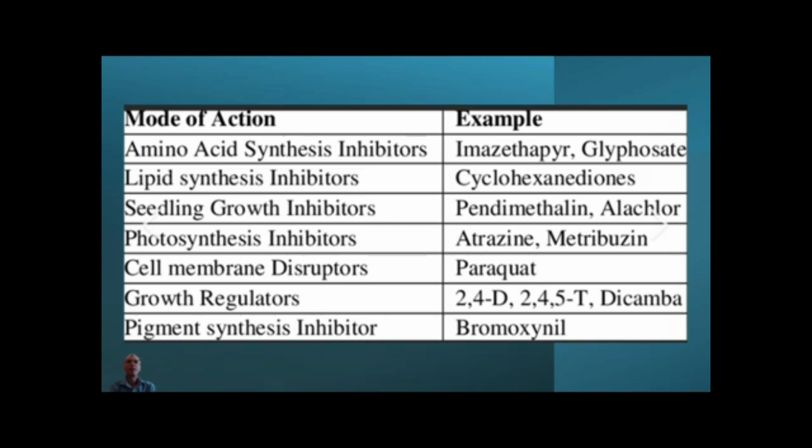Mode of action, cell membrane disruptors, example would be paraquat. Mode of action, growth regulators, example would be 2,4-D, 2,4,5-T, dicamba. Mode of action, pigment synthesis inhibitor, an example would be bromoxynil.